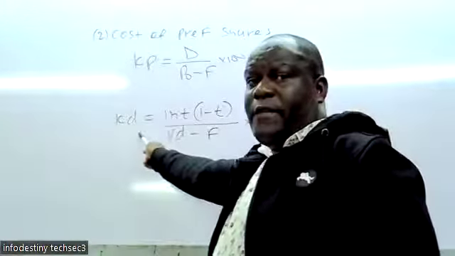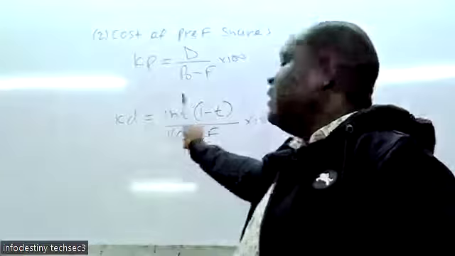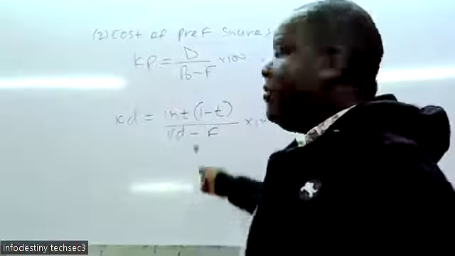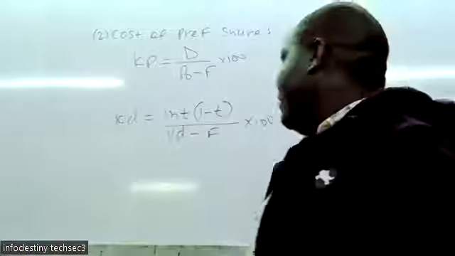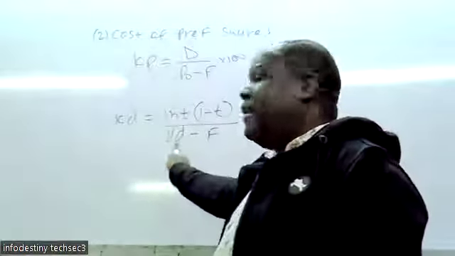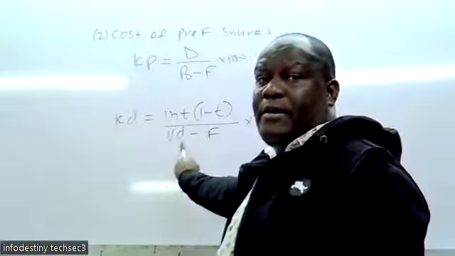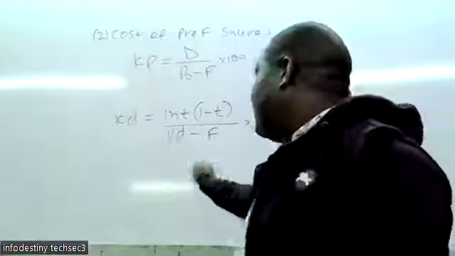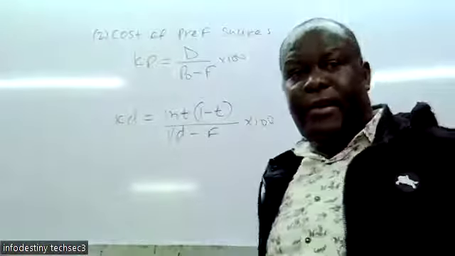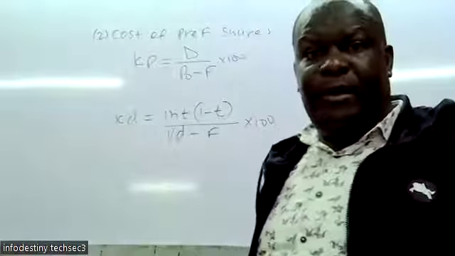KD is the cost of the debenture. This one is interest, then 1 minus the corporate tax. This is the current value for the debenture, and this other one is the flotation cost. Then you express it as a percentage.